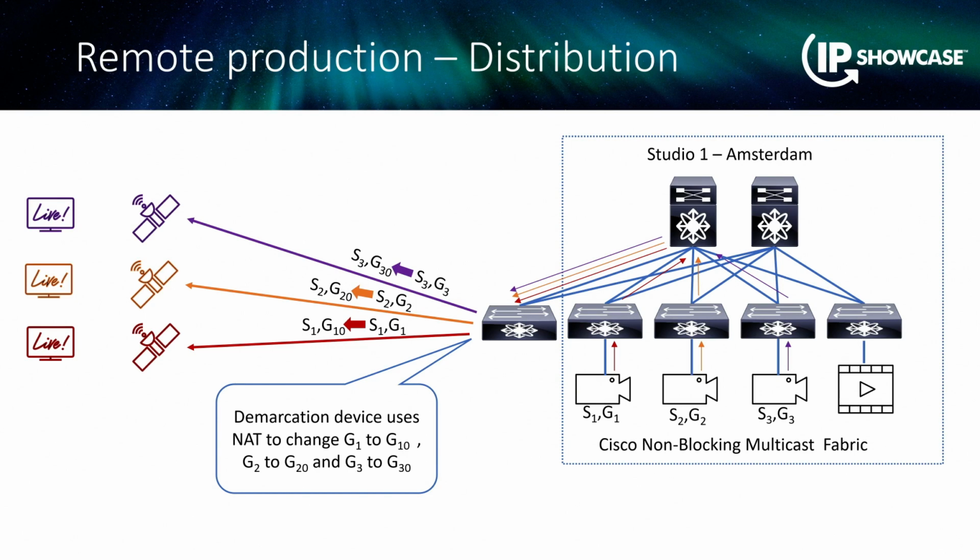From that perspective, the information going off the demarcation point, that leftmost switch, will be hidden from anybody listening on the other side, and I'm able to distribute those signals in a very secure way. So that's how we do translation from multicast to a different multicast address.